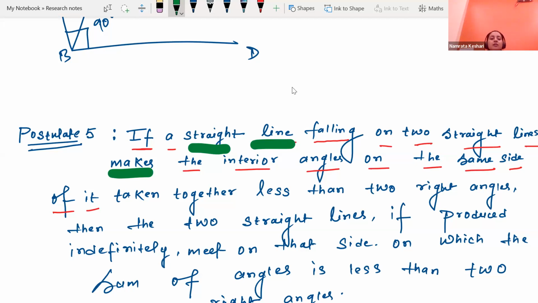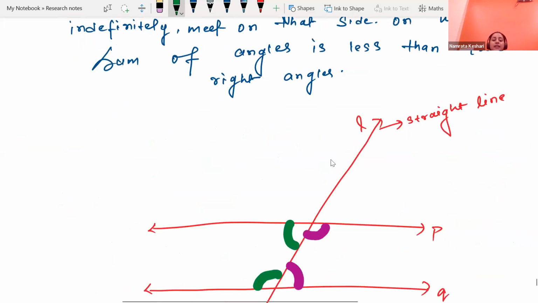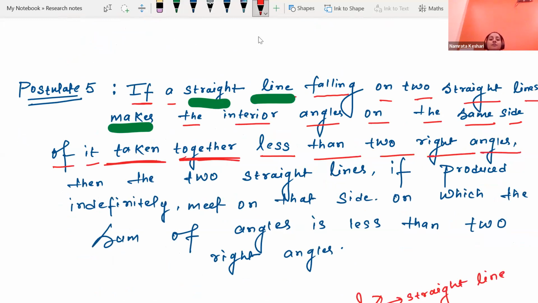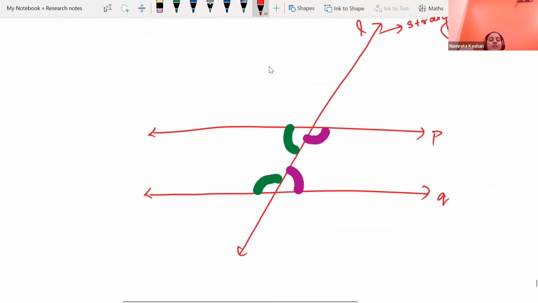Taken together, the interior angles which we can see over here, taken together, are less than 2 right angles. Suppose this is x, this is y, taken together means x plus y, or maybe this is z and this one is t, taken together means z plus t.